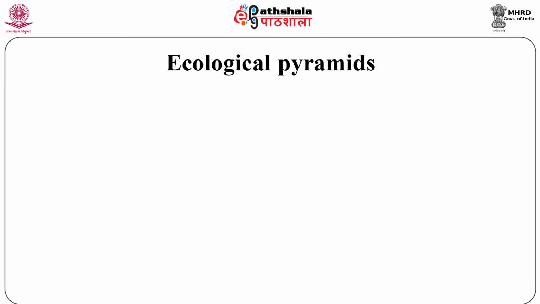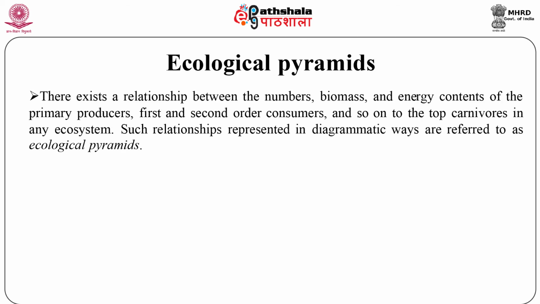Ecological pyramids. There exists a relationship between the numbers, biomass and energy content of the primary producers, first and second order consumers and so on to the top carnivores in an ecosystem. Such relationships represented in diagrammatic ways are referred to as ecological pyramids.